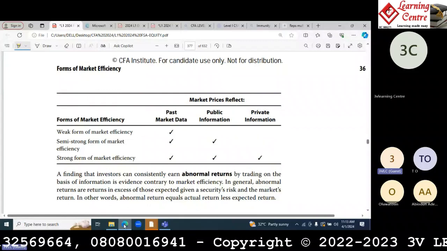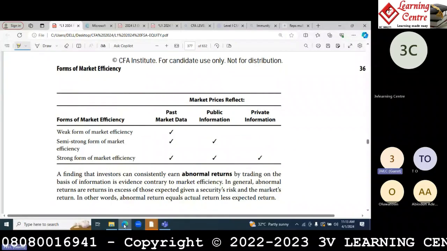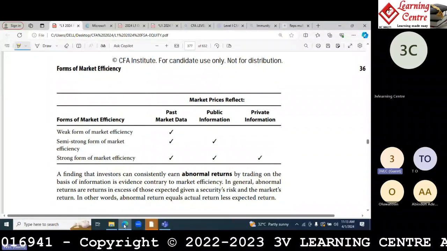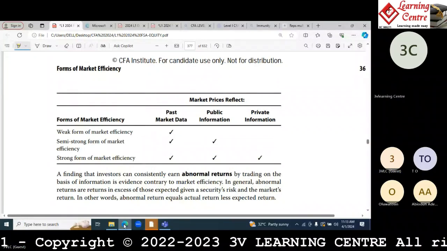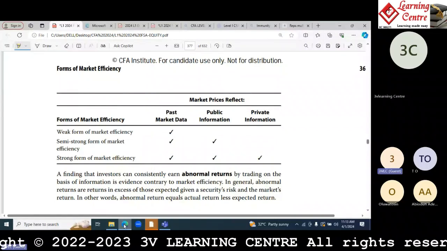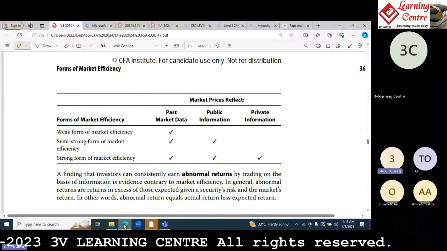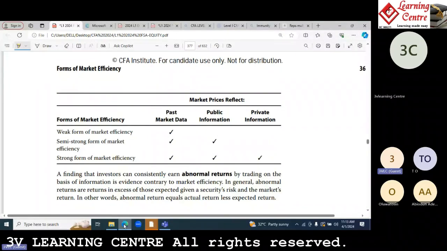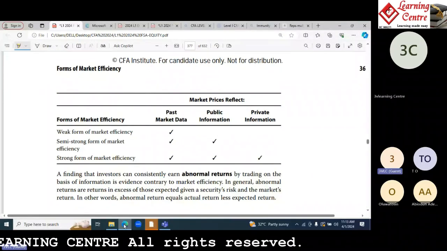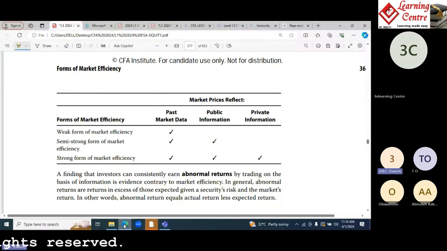The last is the strong form. Strong form incorporates past data, public information, and private information. Past market information is already reflected. There's no use making use of technical analysis. Public information is already reflected. There's no use making use of fundamental analysis. Now, let us move to private information. If I have private information, then it means I can do insider trading.